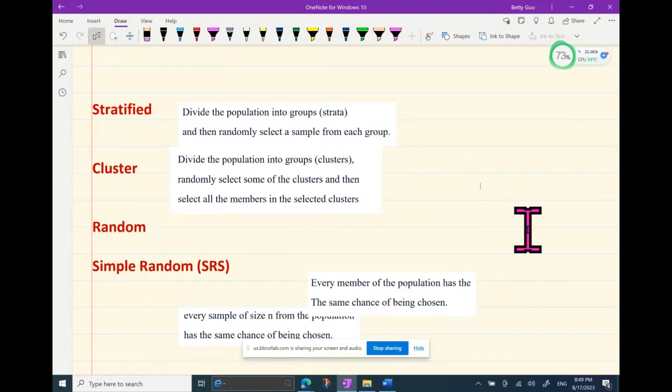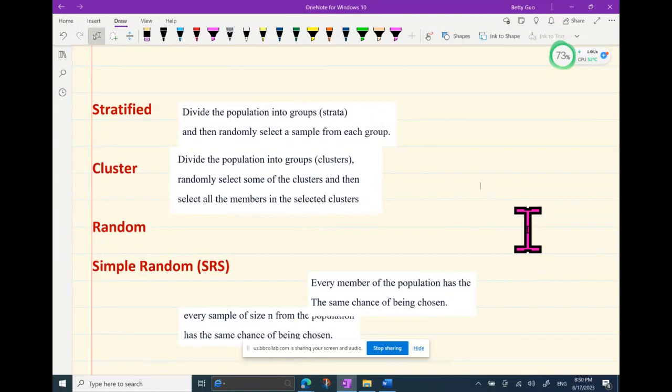So you divide all the students, let's say only full-time students, into 4 subgroups: freshman, sophomore, junior, and senior. And then from each group, I randomly select a sample. So I have four samples, right? And then I combine the 4 samples, and I get a sample. That is a stratified sample.